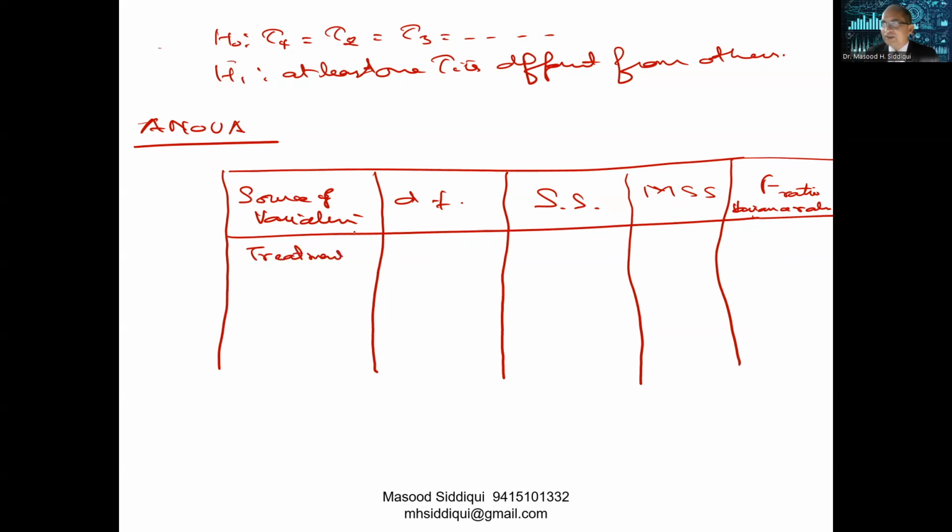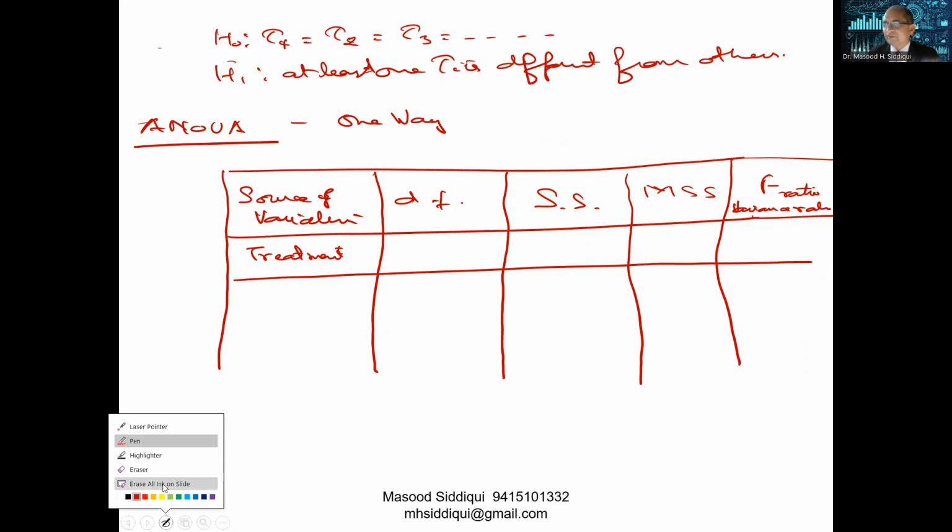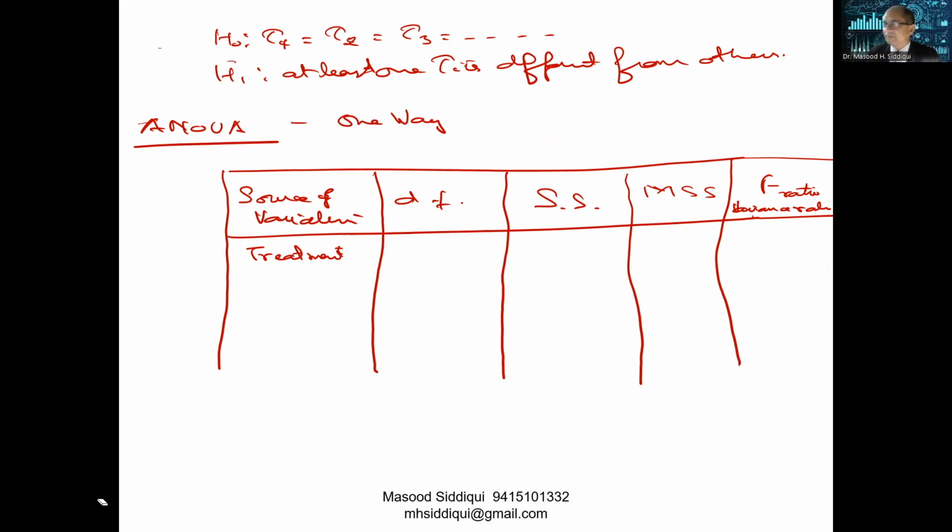Since this is one way only, there is a single treatment source. The next one is the error or the residual. And the last one is the total.